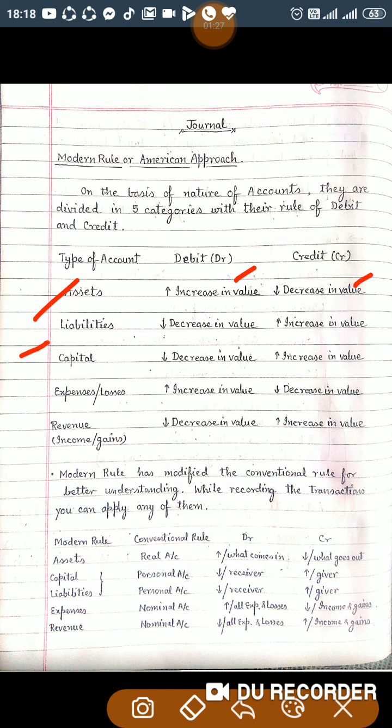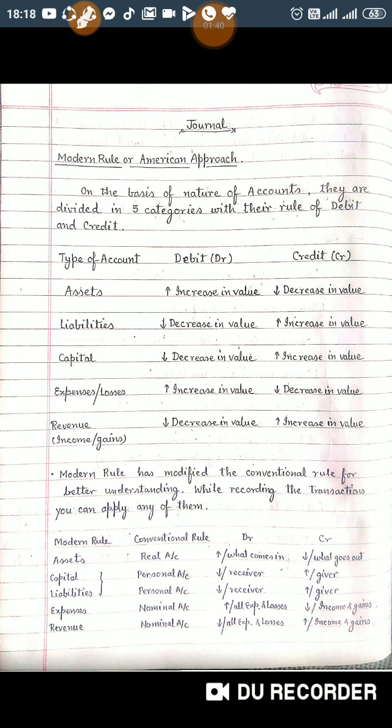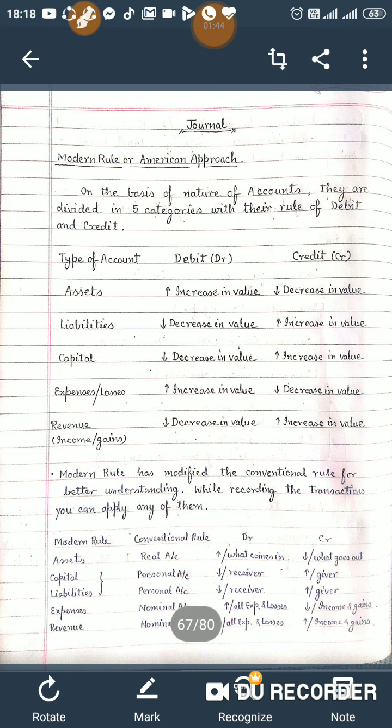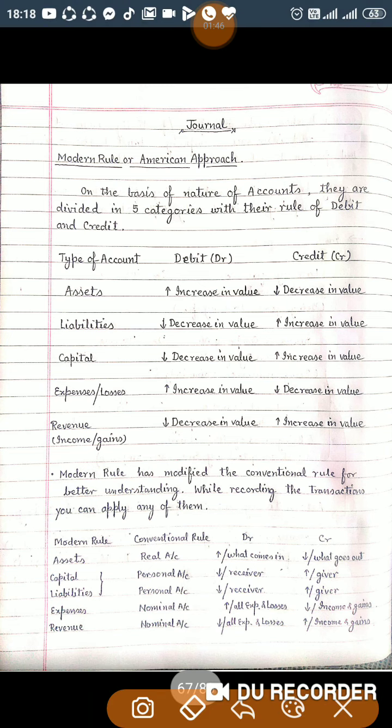For liabilities, modern method says if liability is decreasing, it should be debited. If liability is increasing, it should be credited. For capital, if capital is increasing into the business, it should be credited.